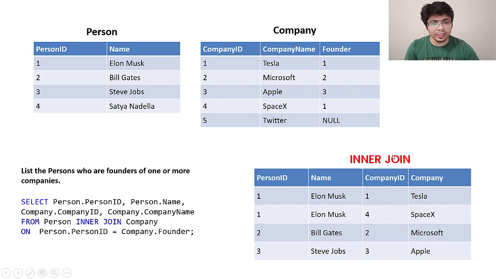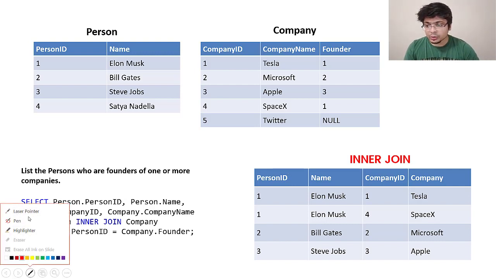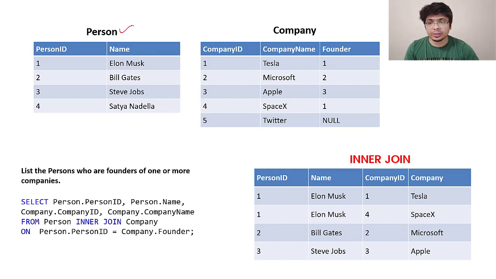So this is for inner join. I'll try to explain what is an inner join with an example here. So there are two tables, a person table and a company table. The person table has 4 entries: Elon Musk, Bill Gates, Steve Jobs and Satya Nadella, with the corresponding person IDs 1, 2, 3, 4. Now here we have the company table where first is Tesla, company ID is 1 and the founder is 1. Who is 1 here?